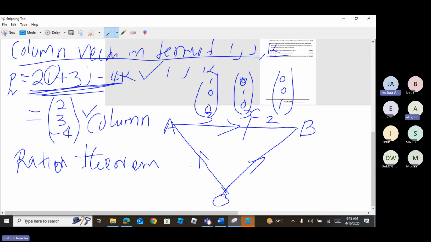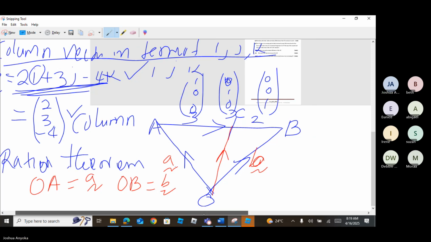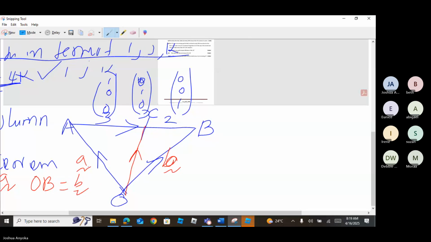And this one is vector b, and this one is vector a. So vector OA is equal to a, and OB is equal to vector b. So in this case, how can we find vector OX? Find vector OX.